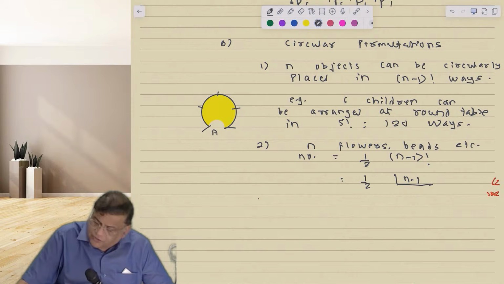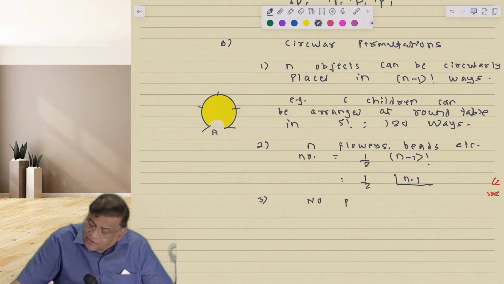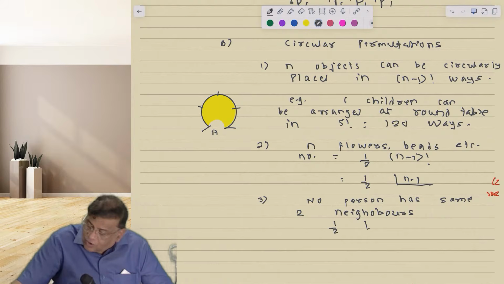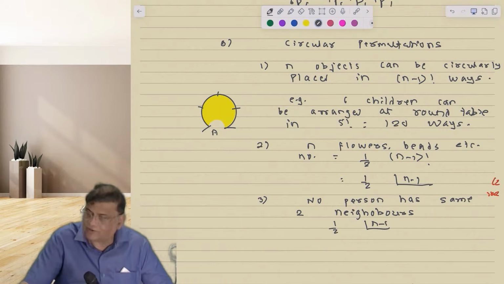And if they put a condition that no person has same 2 neighbors, then also it is half of n minus 1 factorial.